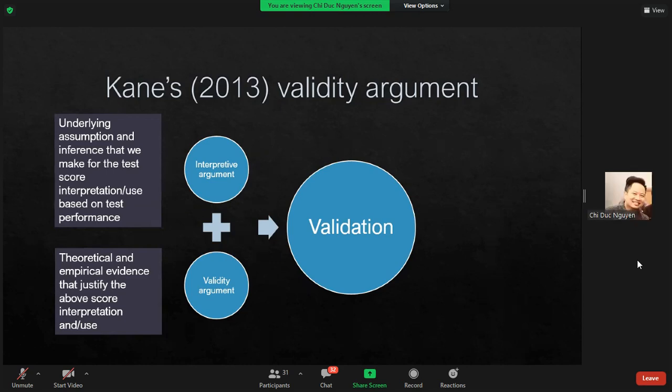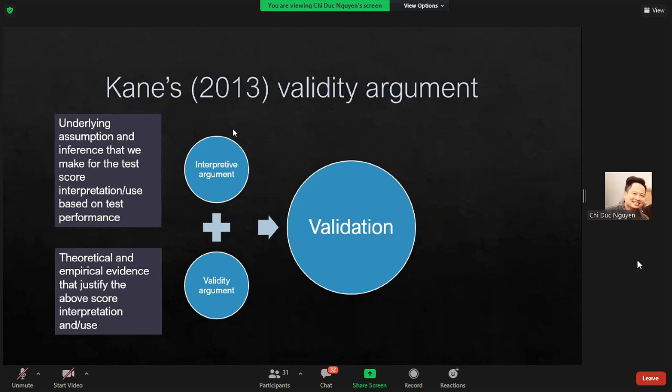Yeah, so in case you haven't read it, here is the model proposed by Kane in 2013. And in his model, we have two main components over here. In order to carry out a test validation process, we need to build up, prove and justify two types of argument.